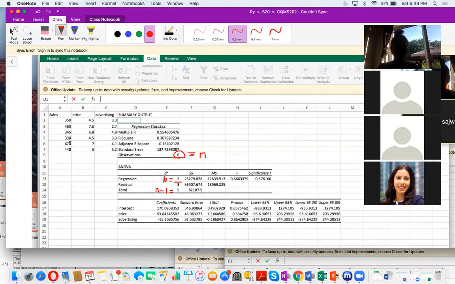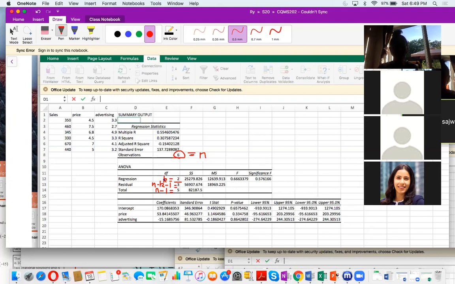And then this degree of freedom for residue is n minus k minus 1, equal to 3. The final exam will have some questions asking you to figure out, if I miss one number, what it is.